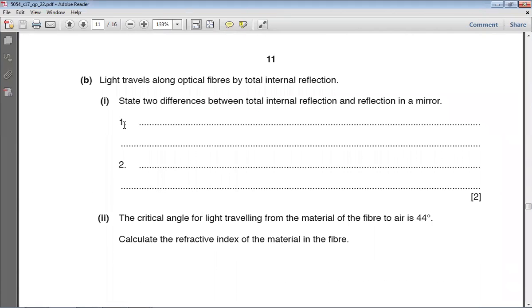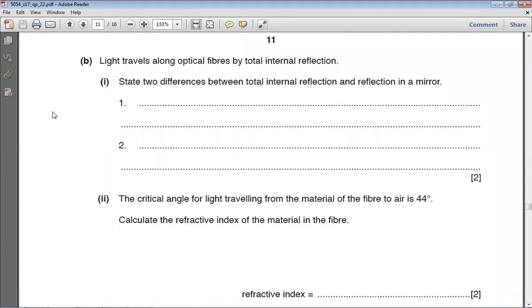So the next part is question number 9B part. He says light travels along optical fibers by total internal reflection. State 2 differences between the total internal reflection and reflection in a mirror.